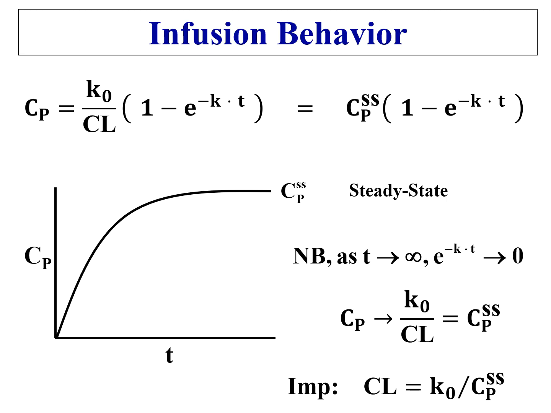So the plasma concentration at steady state is what's left in the equation, K0 over clearance. This is a very important relationship because we'll employ the bottom equation, clearance equals infusion rate over steady state concentration, as a model independent parameter.